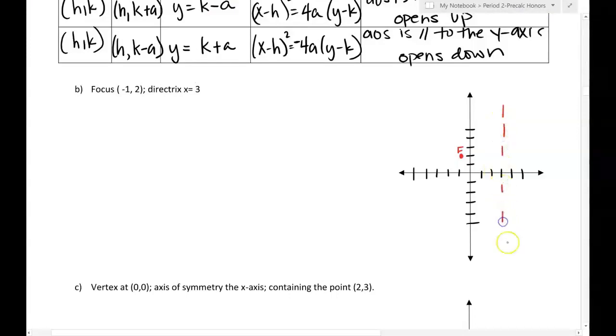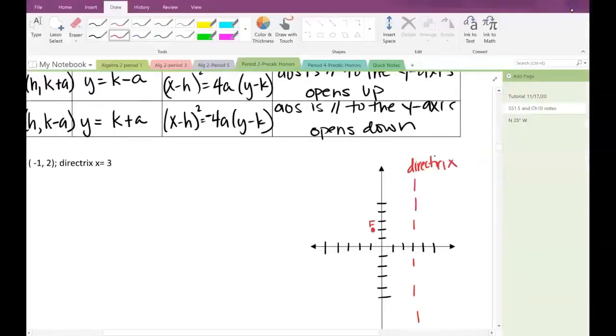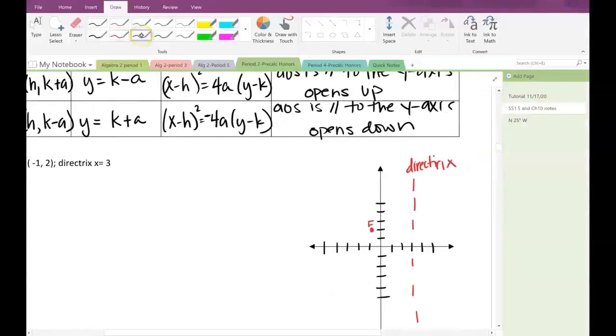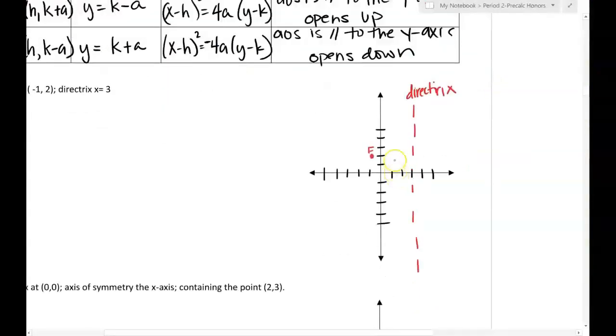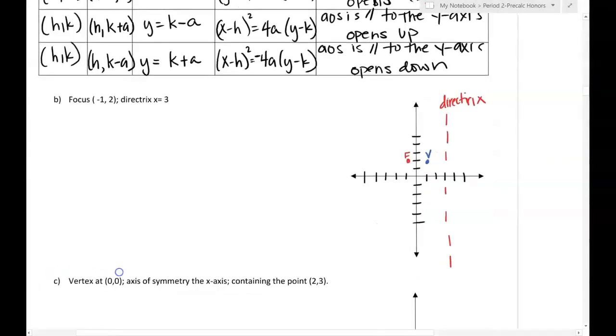Remember, in the middle of the focus and the directrix should be your vertex. Okay, so let's find the distance right in the middle. So this right here is right in the middle, which is your vertex, which is 1, 2. Let's write that down. Vertex is 1, 2.